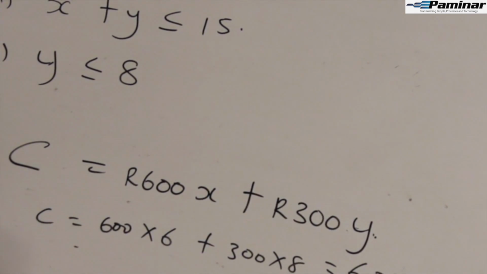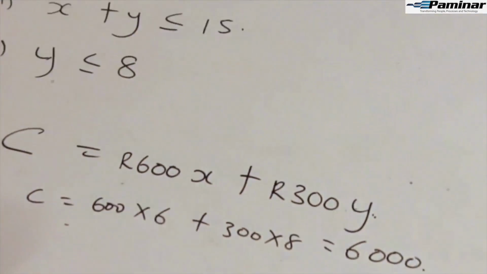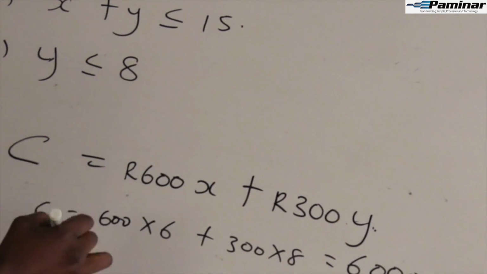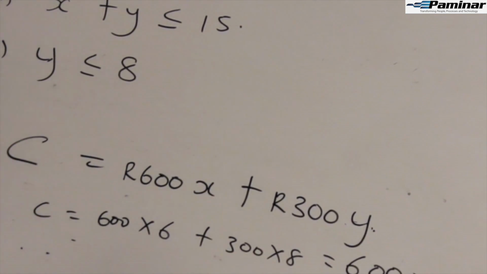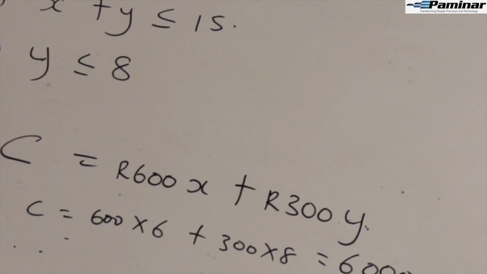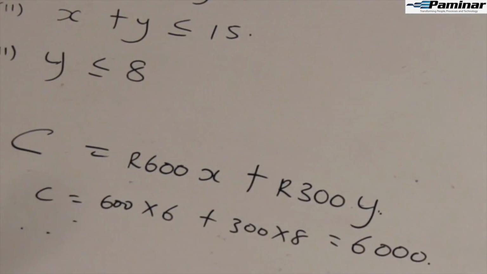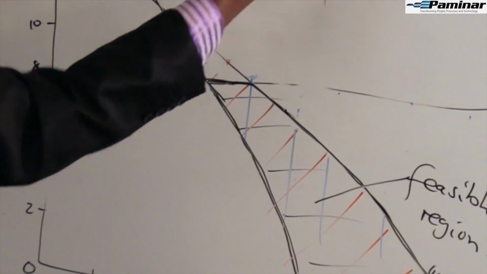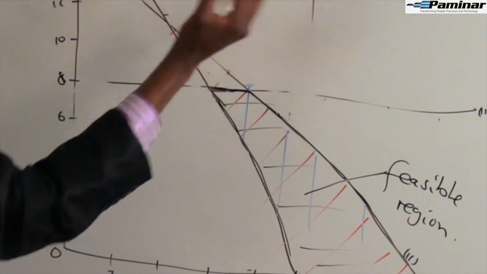So all those points, try to put them. We've got 6, 8, 7, 6. Put them in this function. You're going to get 6,000, 6,000, 6,000, which confirms for sure that all those points are minimum points. So we just put all those points that we have, 6 8, 7 6, 8 4, 9 2, 10 0, in this.